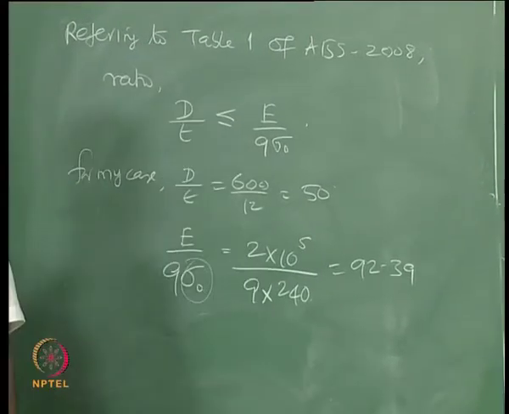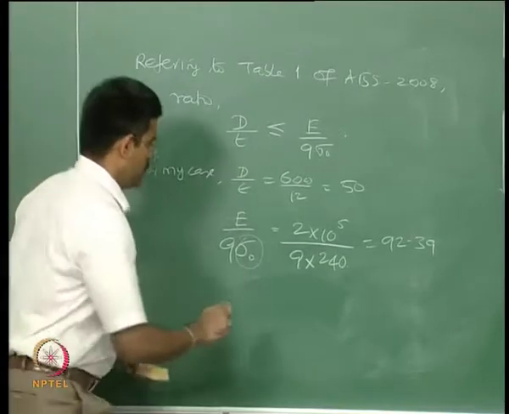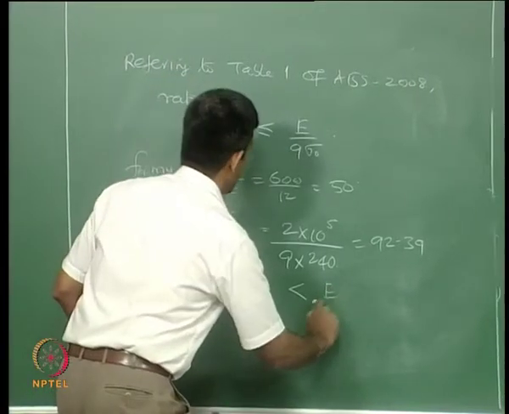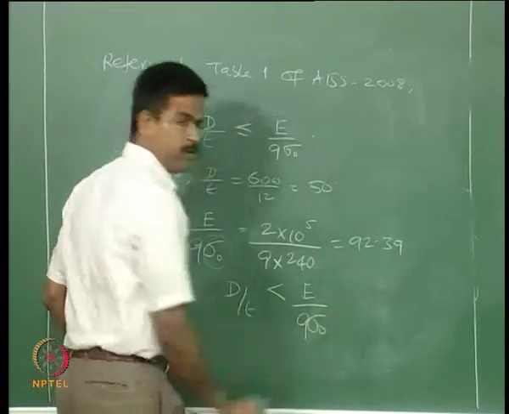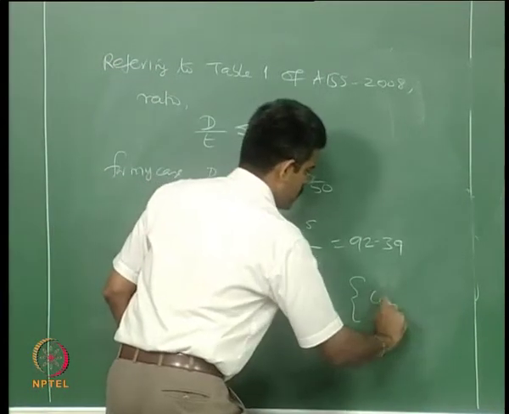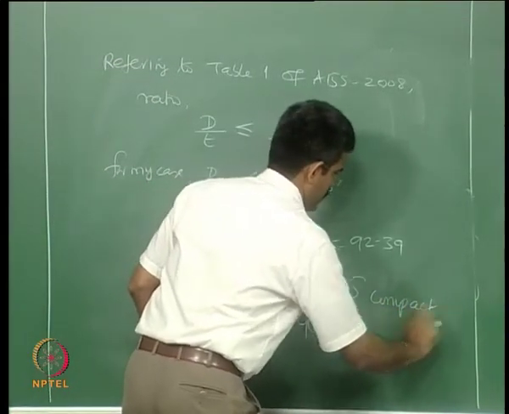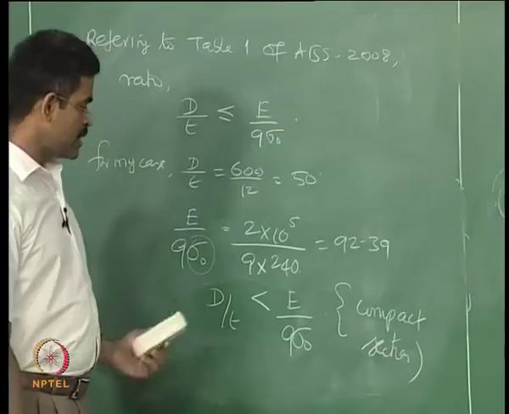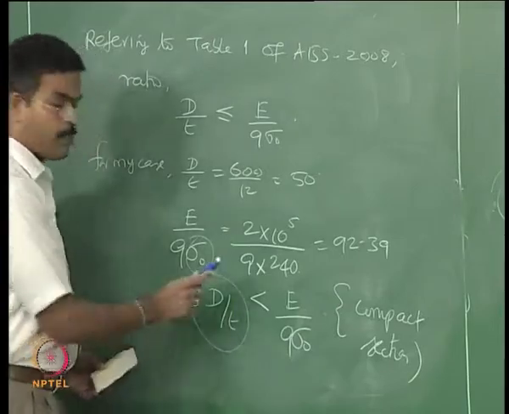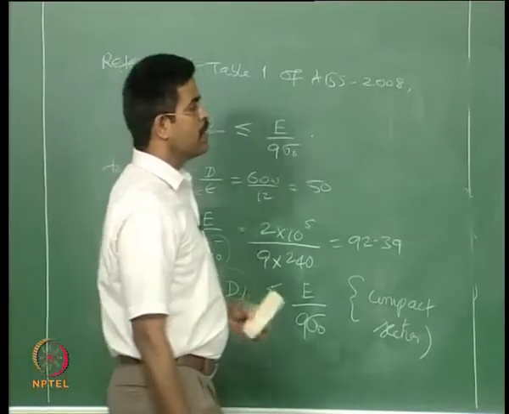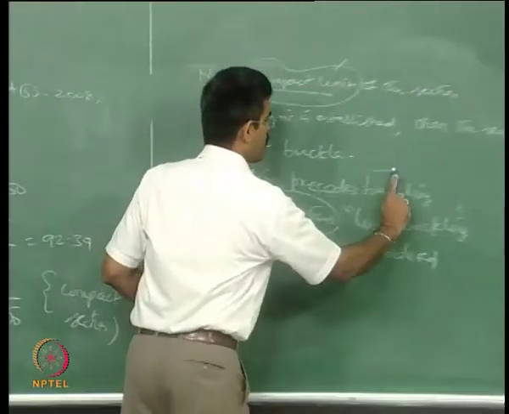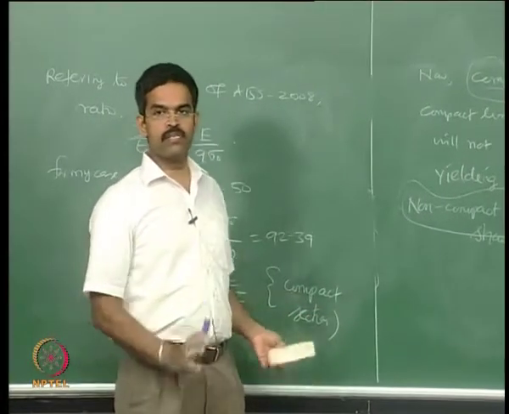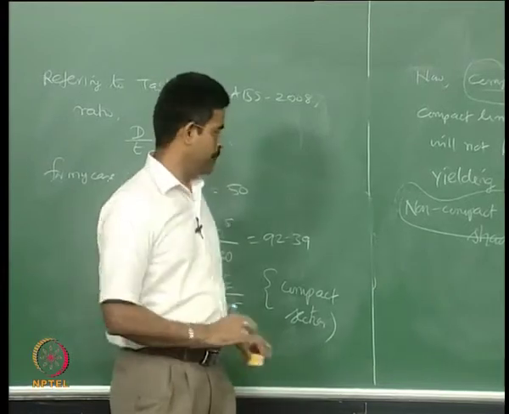Now d by t is less than E by 9 sigma naught, hence the section is compact. So what is the advantage? Once I say the given section is compact, yielding will precede buckling, and local buckling need not be considered in my design adequacy. Is that clear?